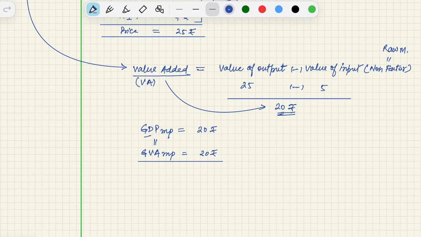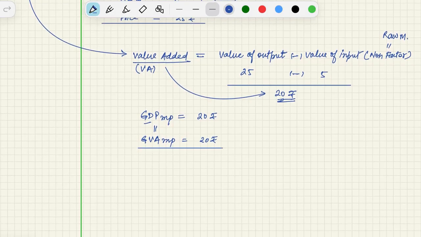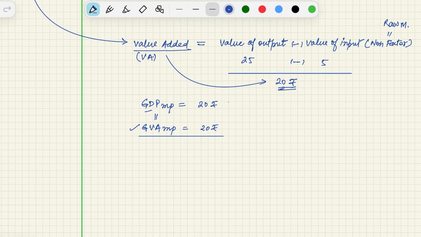Why? Because under the production method, we only extract the value of value added. So both are the same. GDPMP or GVAMP at the rate of market prices, because net indirect taxes are involved. So for a particular product, both are the same, but you sum up.